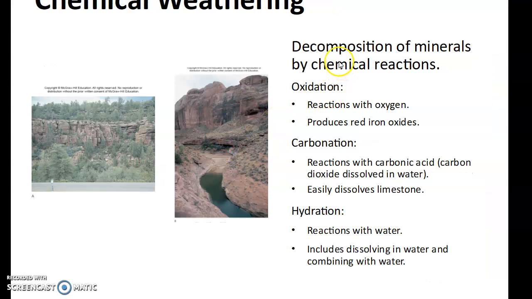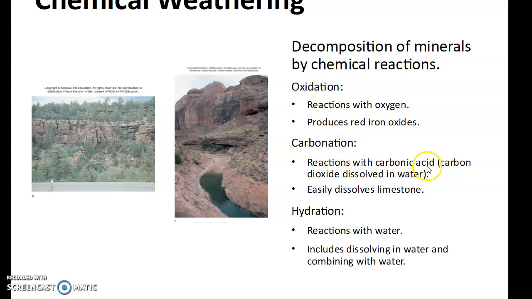Chemical weathering is decomposition of minerals by chemical reactions. We have oxidation that can take place because about 20% of our atmosphere is oxygen, and so any of the iron will oxidize. Other materials can oxidize as well.